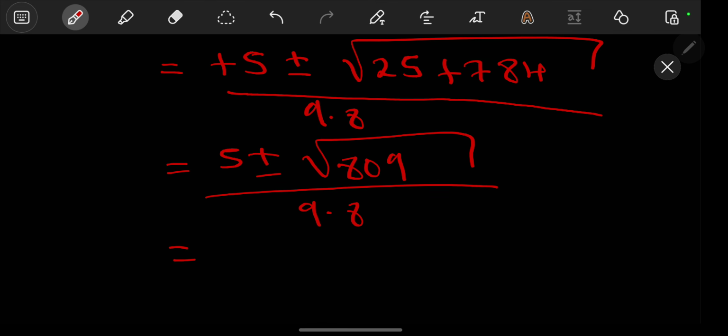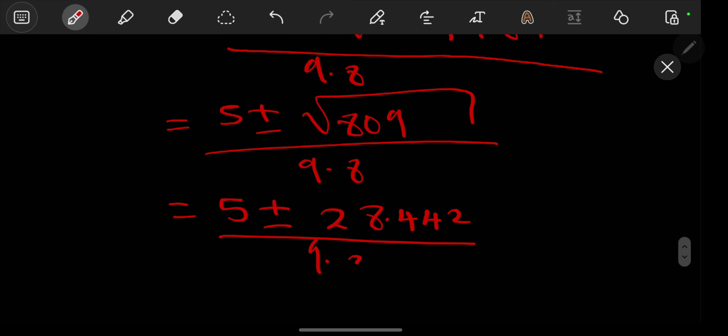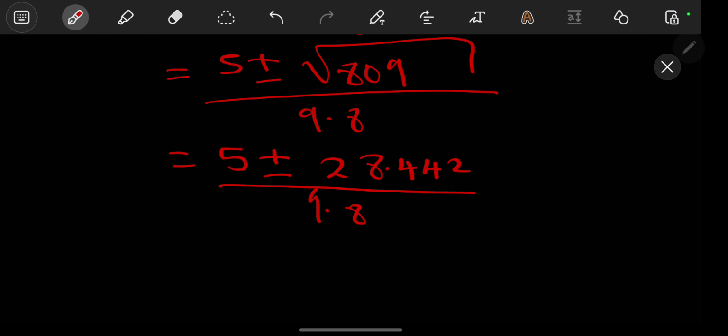So finding the square root, we are going to have 5 plus or minus the square root of 809, which is 28.442. We divide this over our 9.8. Now, if you see this value, we cannot subtract because time cannot be negative.